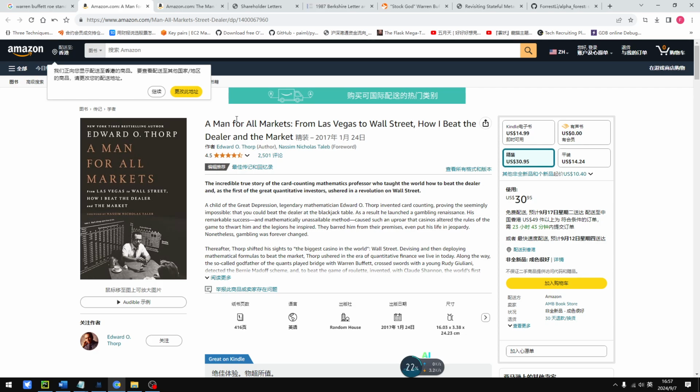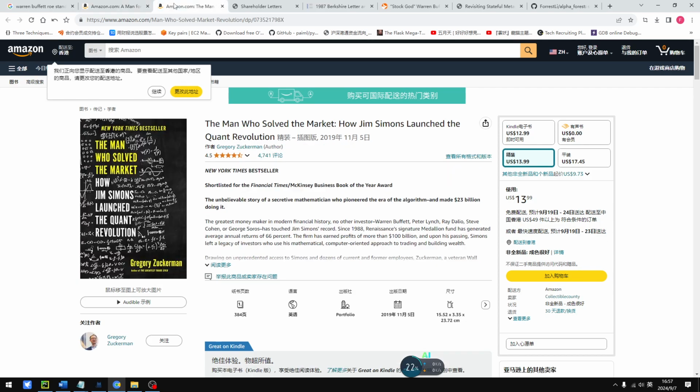A lot of trading techniques there. Another one, The Man Who Solved the Market, about Jim Simons. Some people said they cannot find trading secrets in those books. Actually, I found that they had already disclosed many things there.